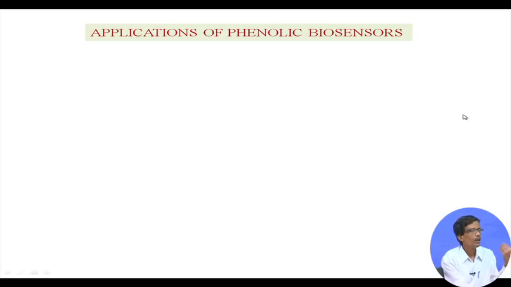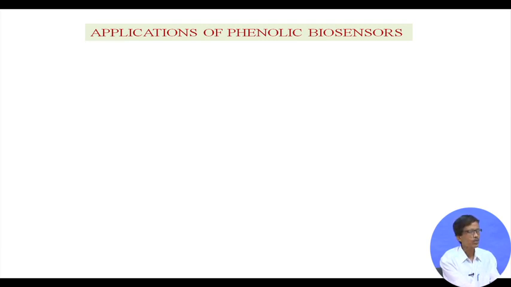For the phenolic biosensors, every chapter will have this: whenever you develop something, you should always think of the applications, because it is typically an applied science. Applications are the first and foremost thing. That is why we compare the analytical chemist and the chemical analyst.